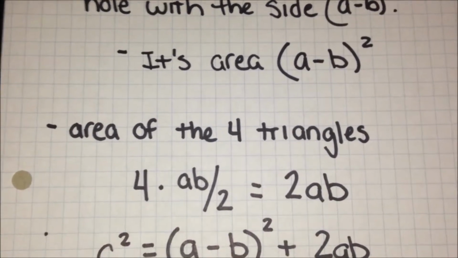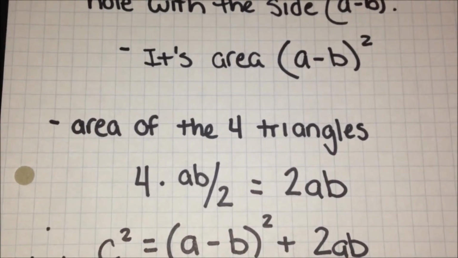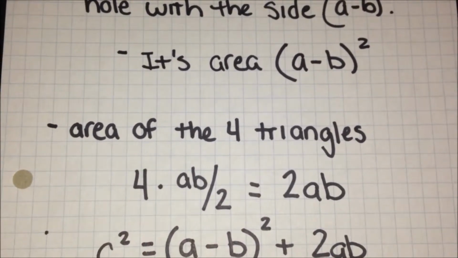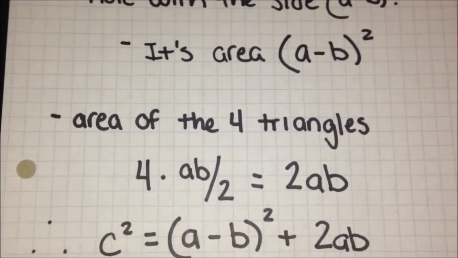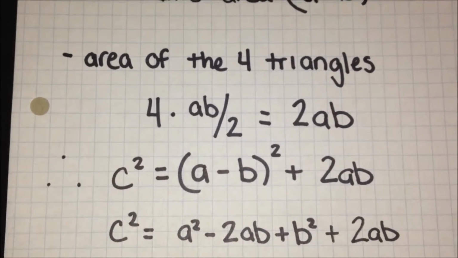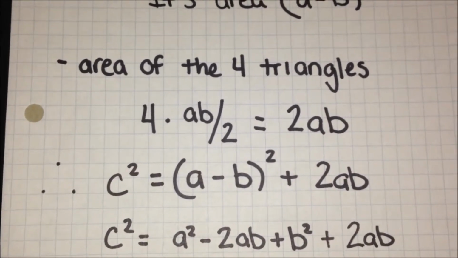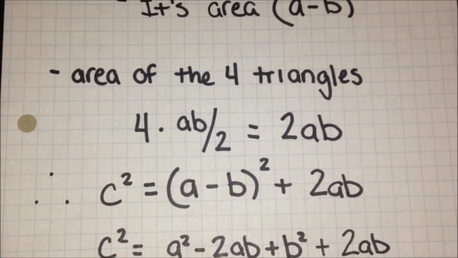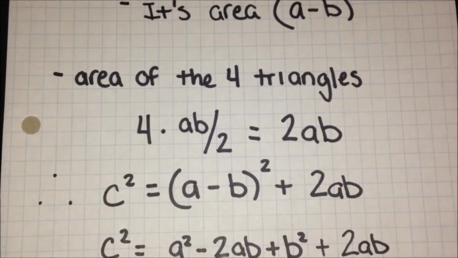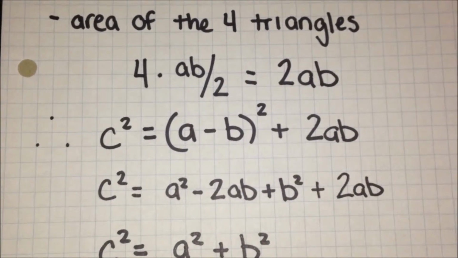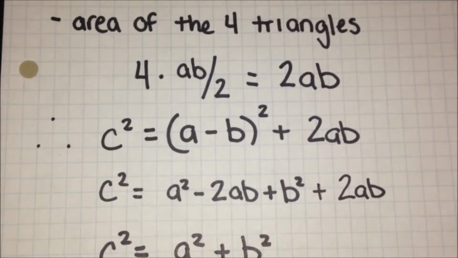Therefore, C squared is equal to (a minus b) squared plus 2ab. You expand. C squared equals a squared minus 2ab plus b squared plus 2ab. Combine like terms, and it would be c squared equals a squared plus b squared, our equation.